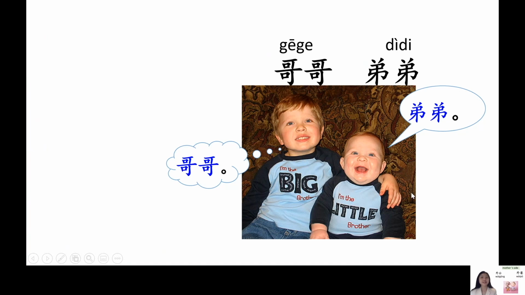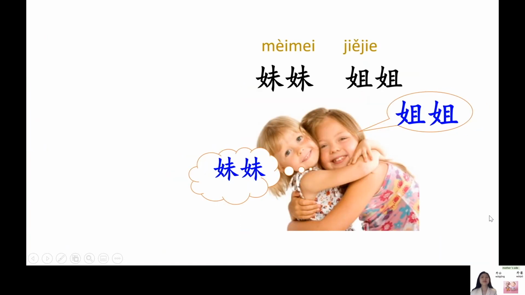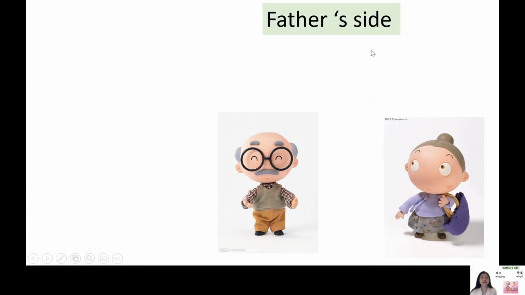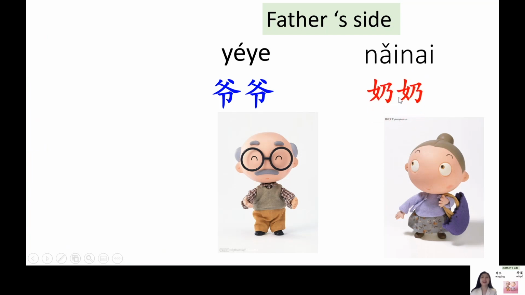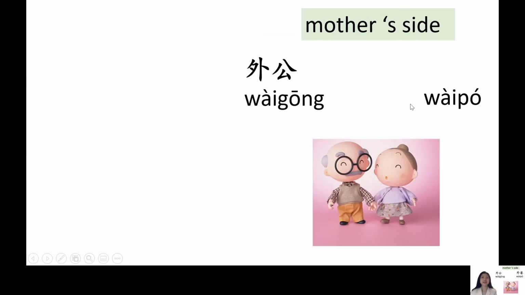We say 儿子. 姐姐，妹妹. They are the daughter. We say 女儿. Excellent. Let's say father side. Grandfather, 爷爷. Grandmother, 奶奶. Mother's side. Grandfather, 外公. Grandmother, 外婆. Great.